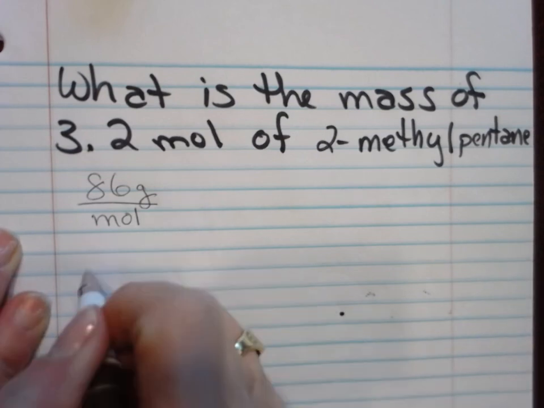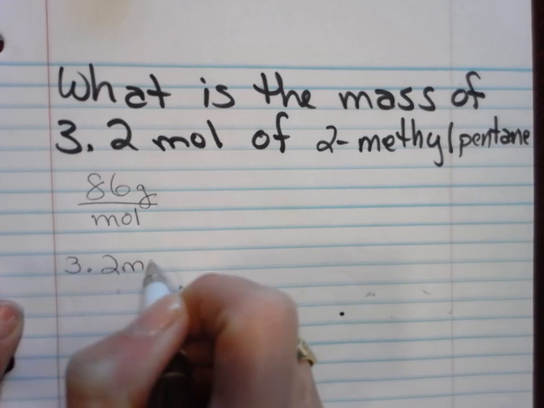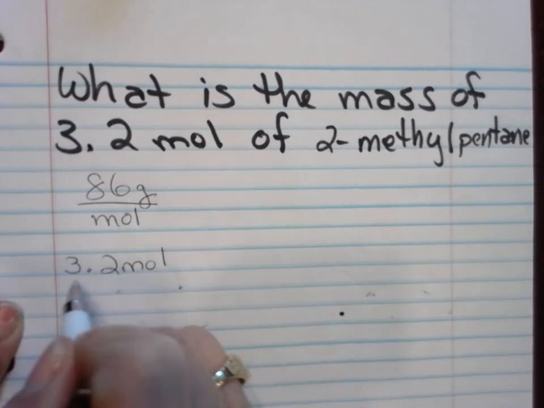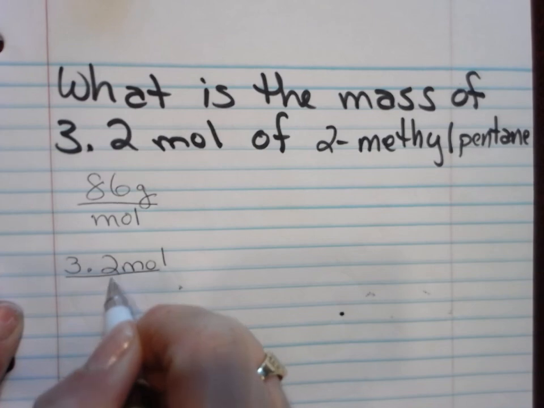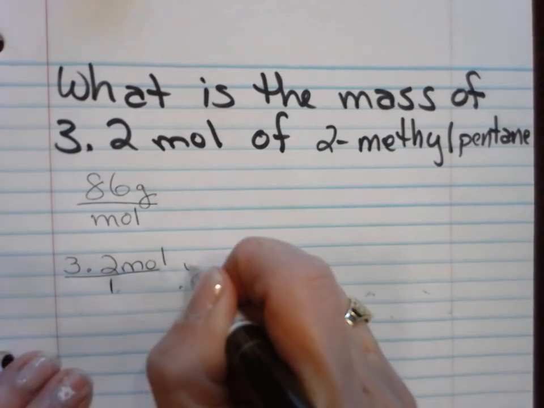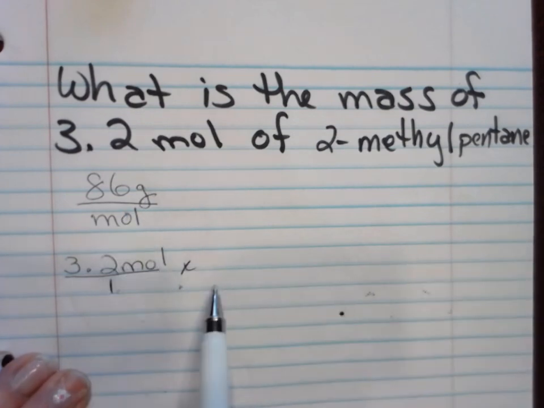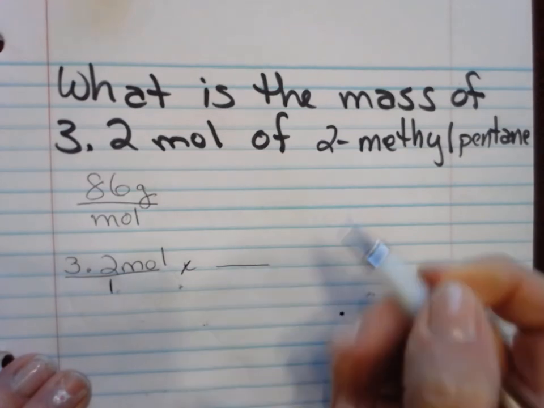We're given 3.2 moles. So that's what we're given. Remember, we're going to put that over 1 just so we have an up and a down, top and a bottom. We're going to put this in and leave it because we want to cancel moles and end up with grams.